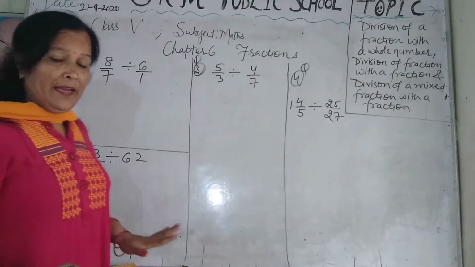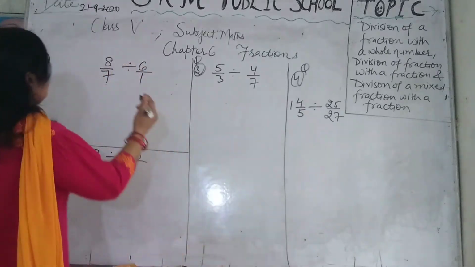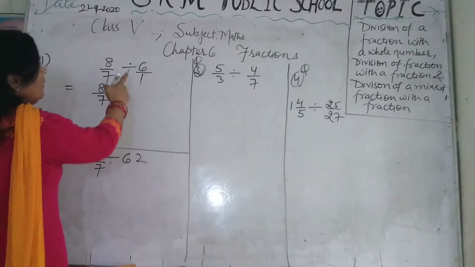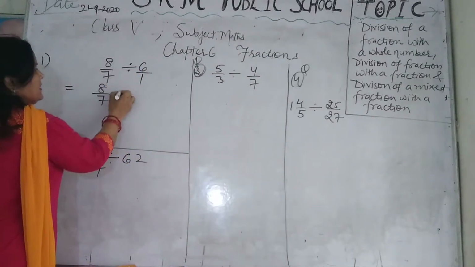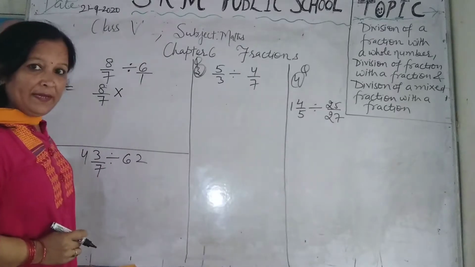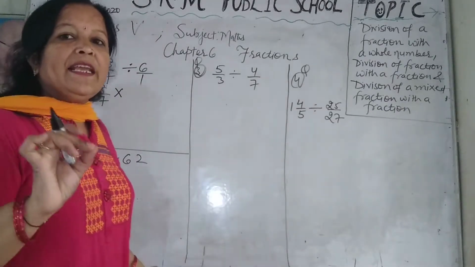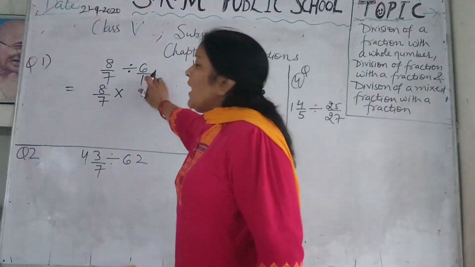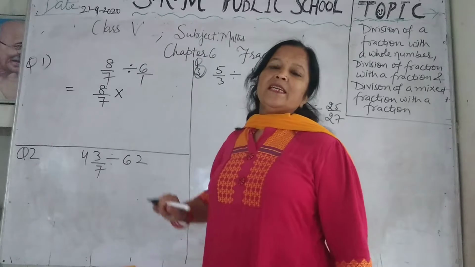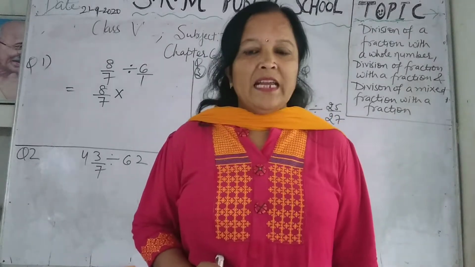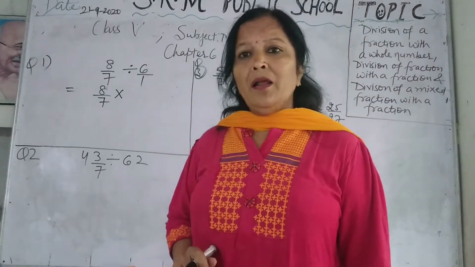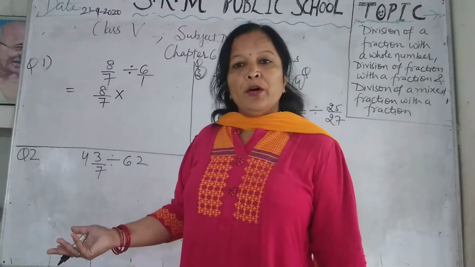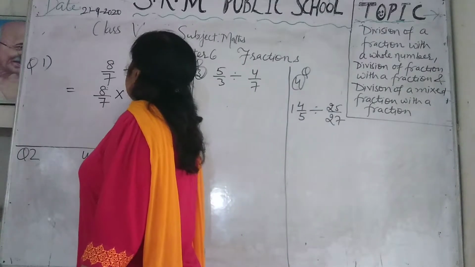In other words, if you are going to divide a fraction by a whole number, the division sign is converted into multiplication and the reciprocal of the second fraction is taken. The whole number was 6 upon 1. The reciprocal of 6 will be 1 upon 6.